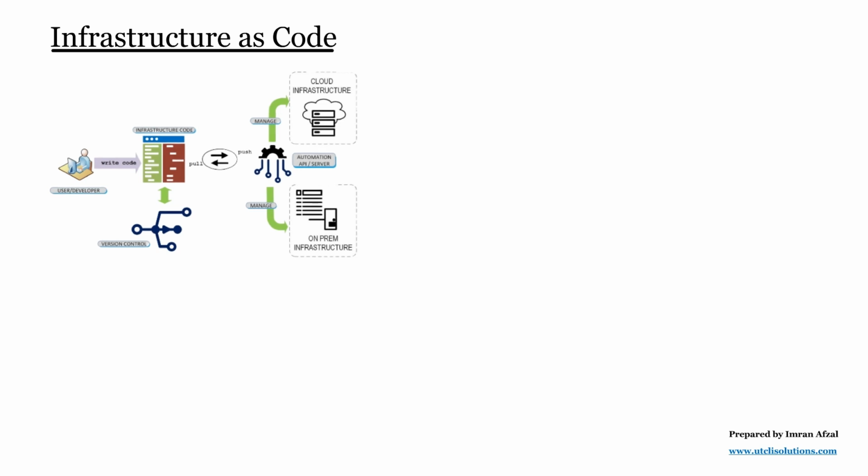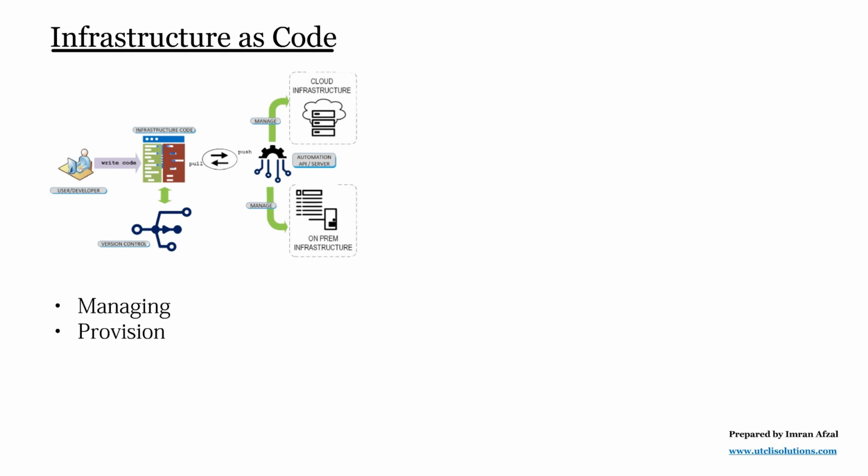Hello, in this video we will cover another fundamental DevOps practice known as infrastructure as code. It is abbreviated as IAC. In simple words, infrastructure as code is the managing and provisioning of infrastructure through code instead of manual process.